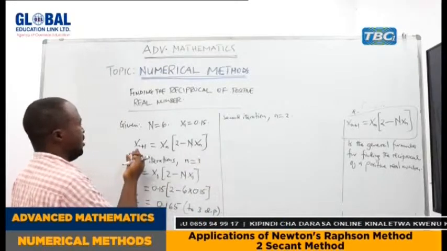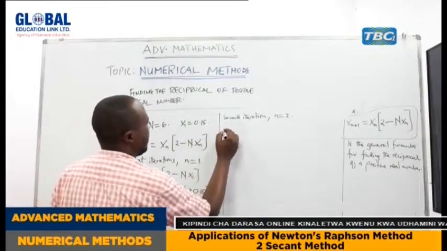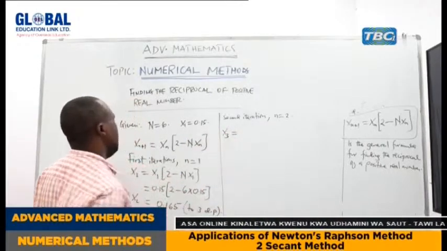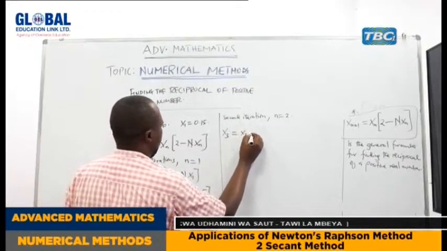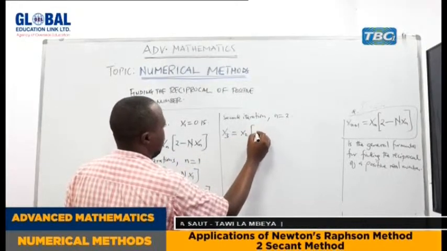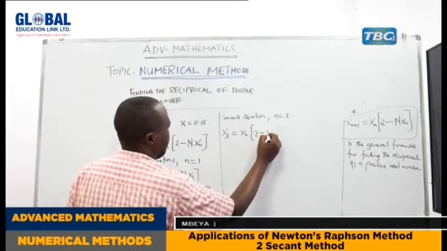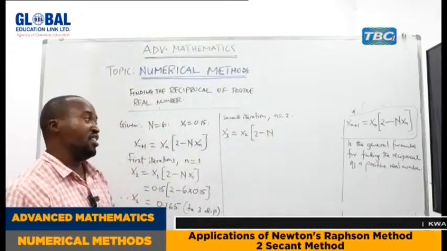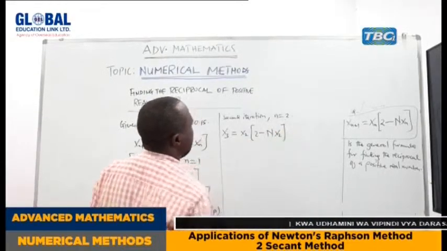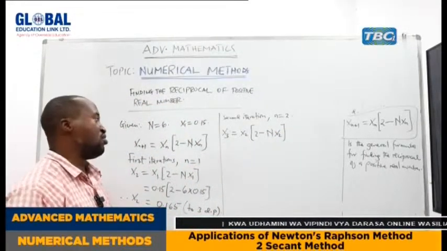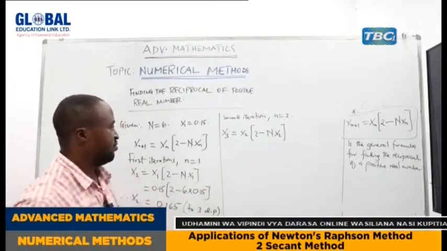So that is 2 plus 1, it will be x3, which is equal to, now here we have xn, that is x2 bracket of 2 minus, we have n times xn, that is x2. So we just substitute now values for x2 and n.